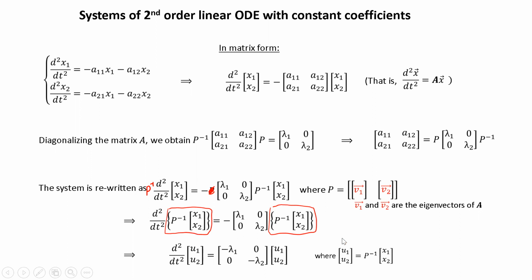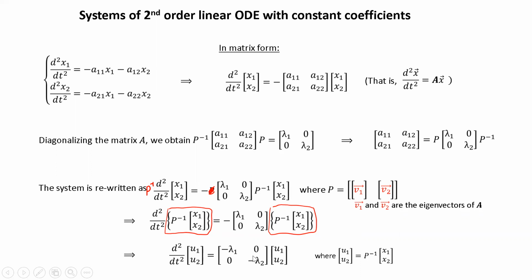That's why I'm allowed to write this P inverse x1, x2 as this u1, u2, a new column vector. Therefore, my entire system is now written in the form that I wanted, because now this system of equations is just with this diagonal matrix.